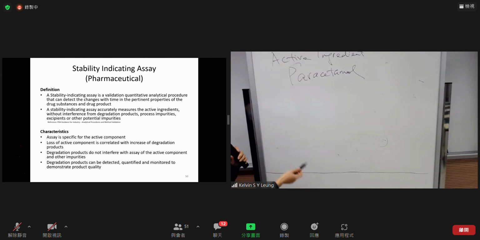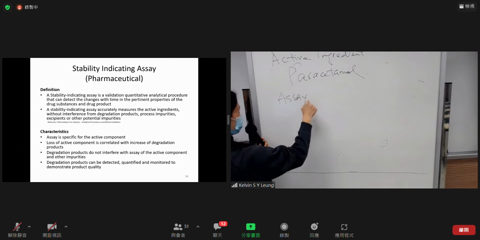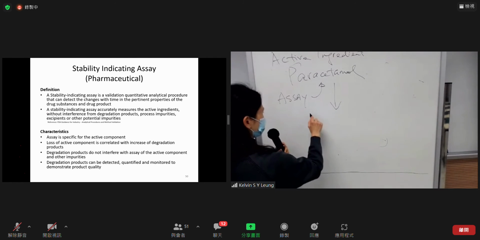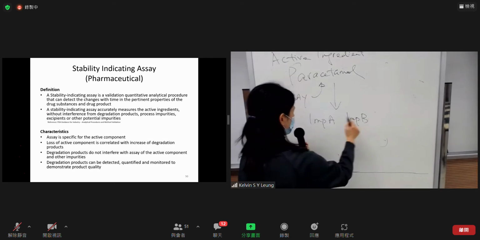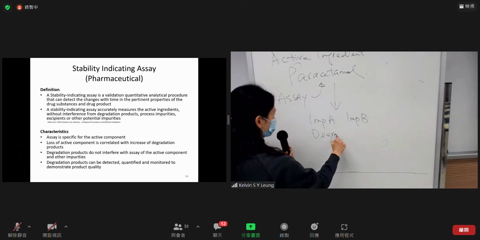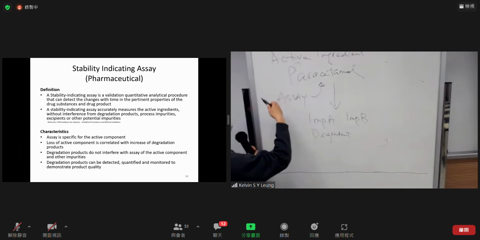Your assay method will target just the paracetamol, but when the paracetamol is kept along its shelf life, maybe 3 years, there may be some impurities, so-called, let's say, impurity A, impurity B, and sometimes maybe degradants. A degradant is formed by degradation according to time.